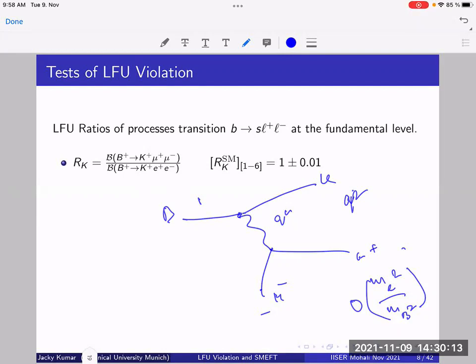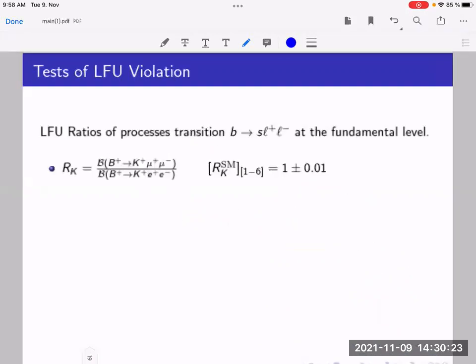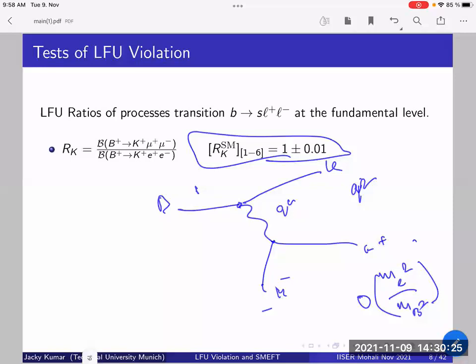And as you can see, this ratio is a theoretical prediction in the standard model. This is one, plus or minus only 1% error. So this is in fact very, very clean. These are very, very clean tests of lepton-flavour universality, these ratios in particular.